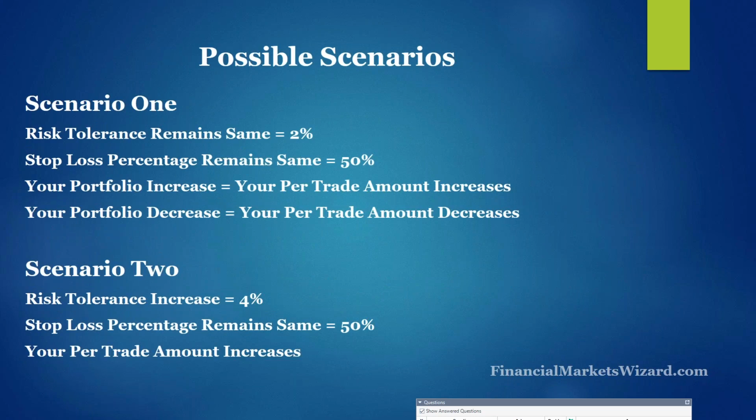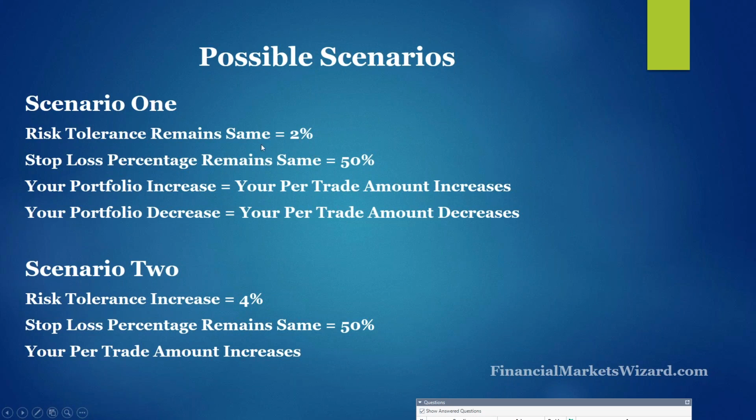So some scenarios. Scenario 1, which I explained already, is risk tolerance 2%. The stop loss percentage remains the same, which is 50%. So as your portfolio increases, your per trade amount will increase. So you understand? Now what I'm saying is, these 2 are constant in each trade.